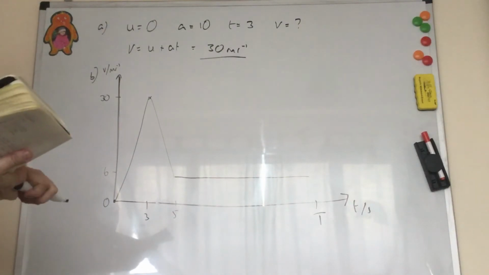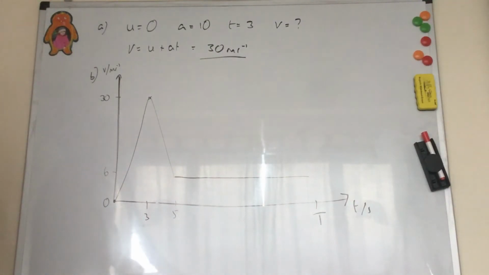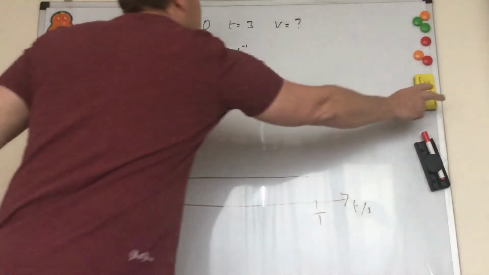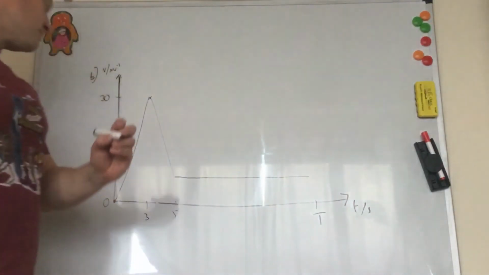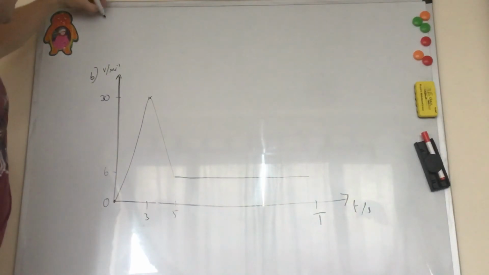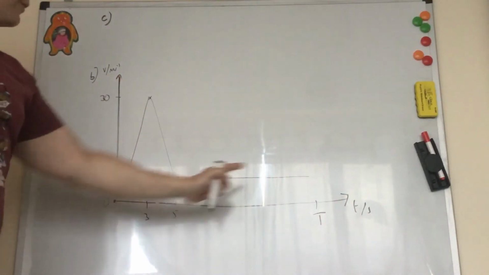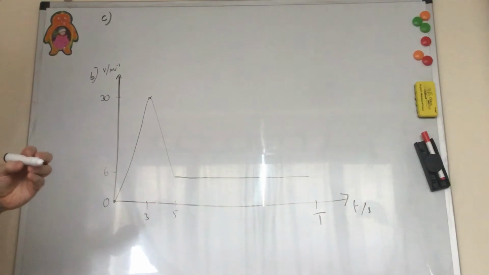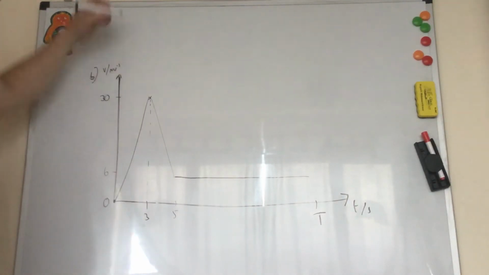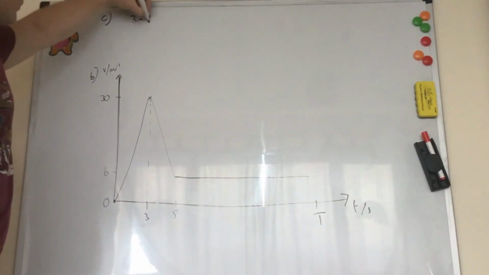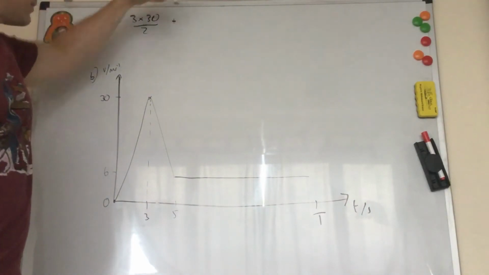Part C, find the value of T to the nearest whole number. Hopefully you did this without making the same numerical mistakes I did. The easiest way is the area under the graph is equal to 550, the distance she travels. We've got a triangle, so the area is 3 times 30 divided by 2.